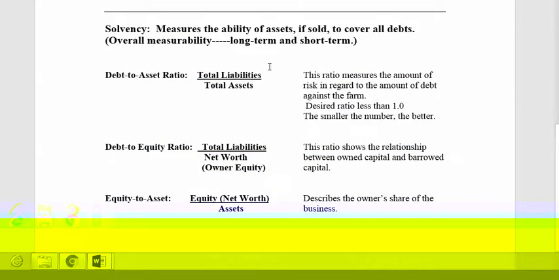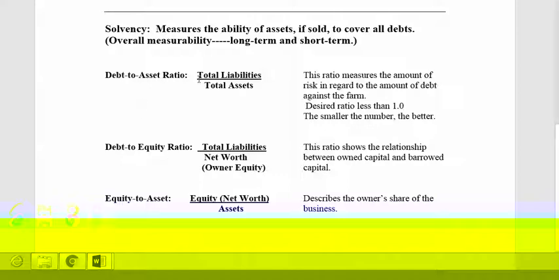Solvency is the measure of the ability of all assets to cover all debts. It's overall ability to cover debt, total assets and total liabilities of the farm. The debt to asset ratio tells us basically, these are all variations of each other, these 3 ratios, but debt to asset ratio, it tells you in its name how to compute that ratio.